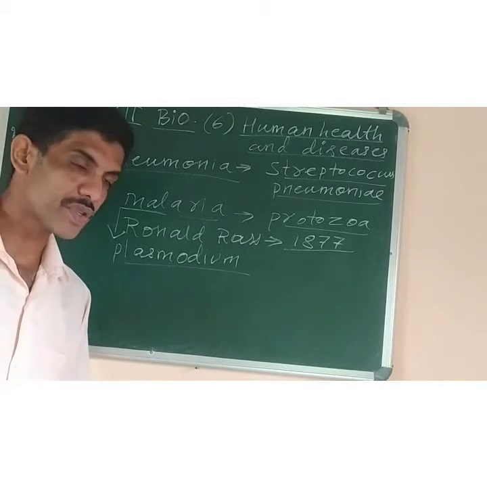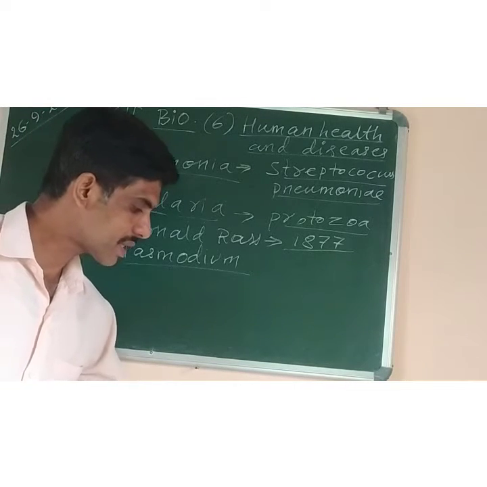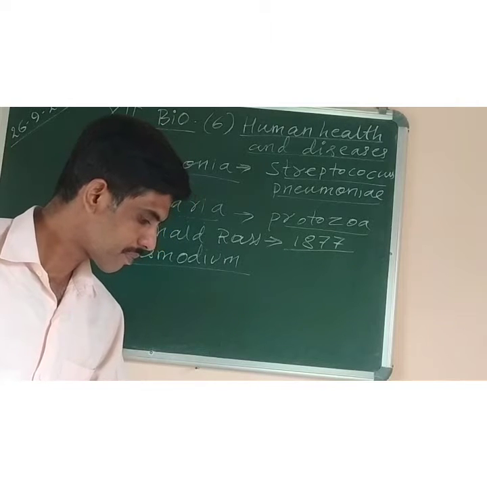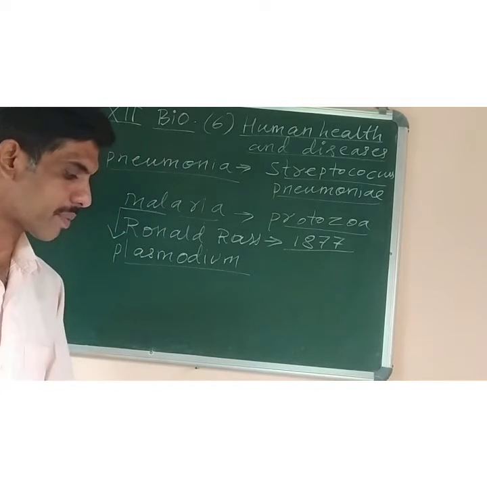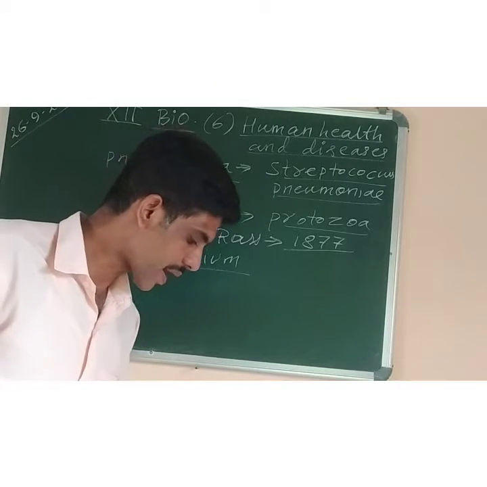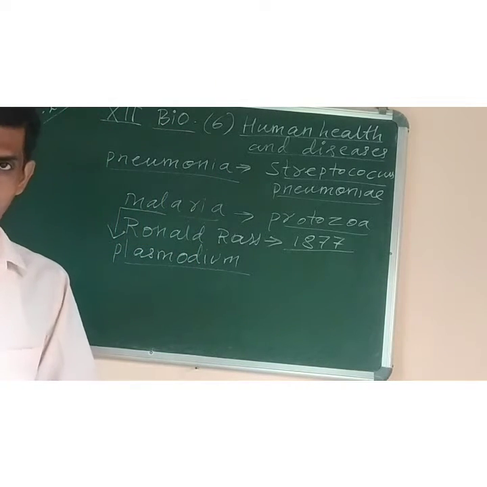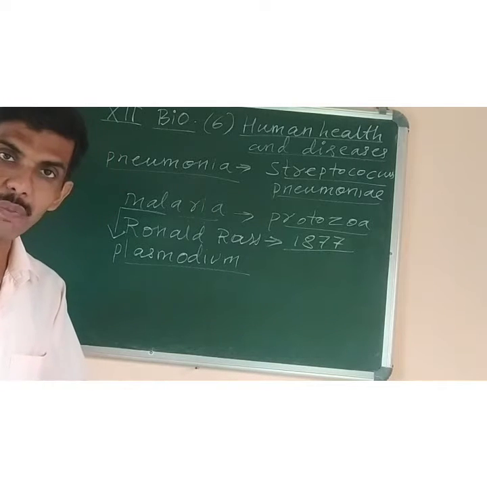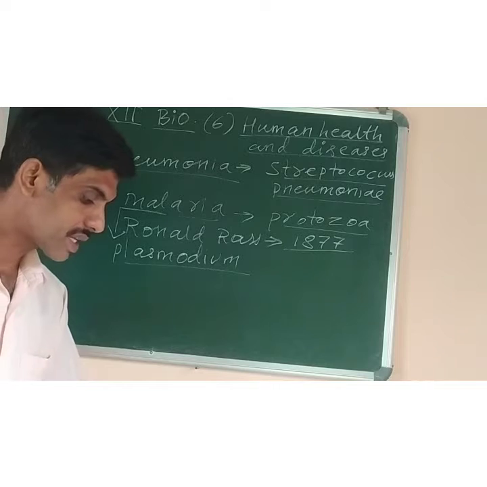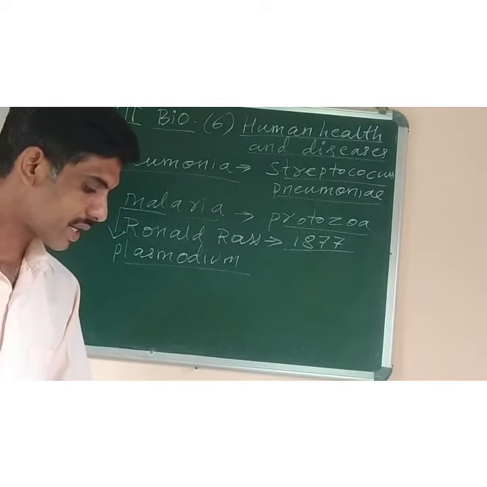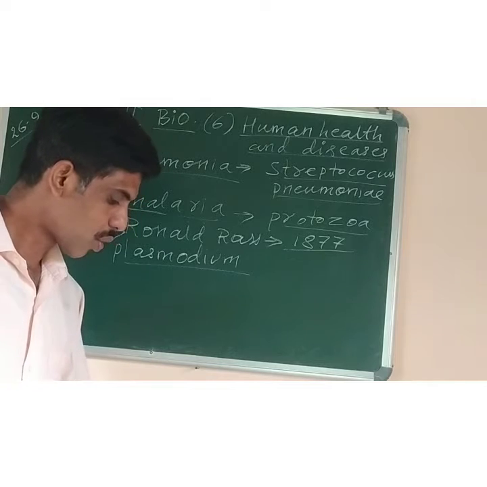There are 4 types of malaria. In the syllabus, the types of malaria are given. Disease malaria. Graphic outline of the life cycle of Plasmodium. Graphic outline is also required. So the 4 types of malaria are benign tertian malaria, malignant tertian, quartan, and the 4th one is ovale.